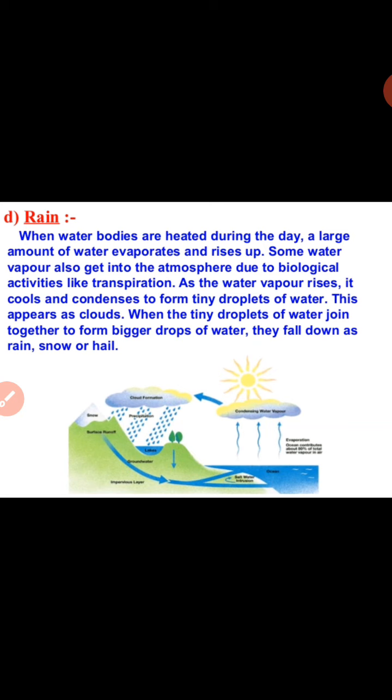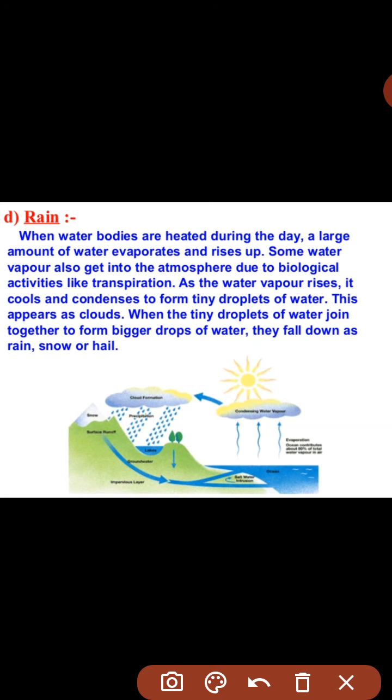When the water vapor rises up into the cool air, it slowly condenses and forms tiny droplets of water as it cools down. This appears as cloud. So the cooling of the water takes place in the clouds. When the tiny droplets of water join together to form big droplets, they fall down as rain, snow, or hail.